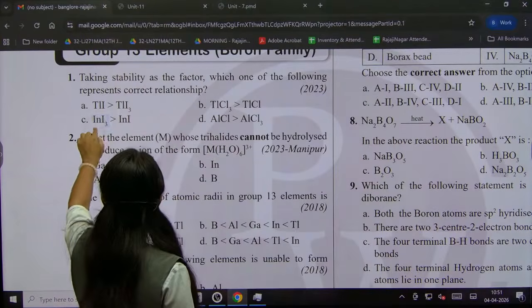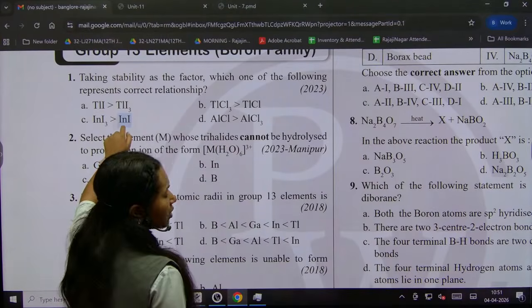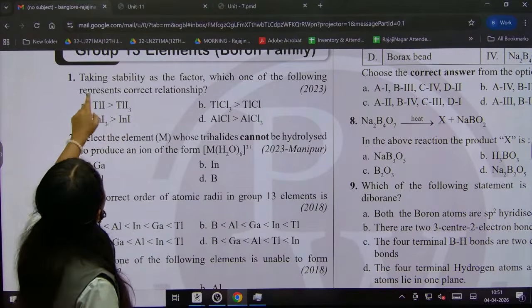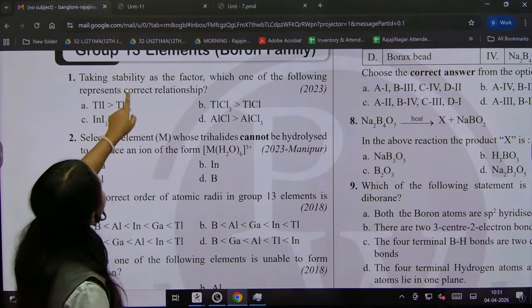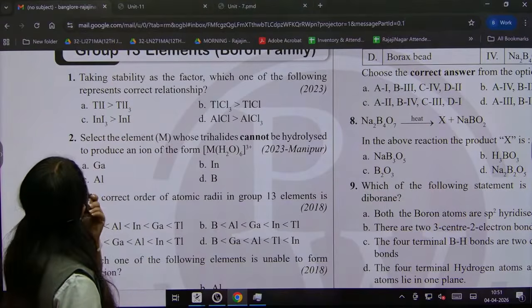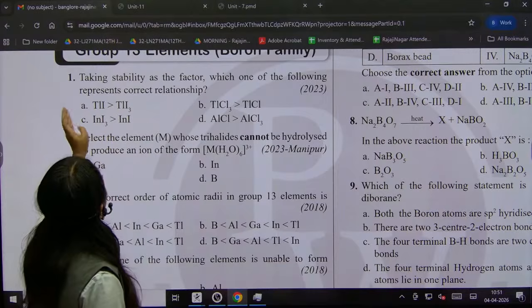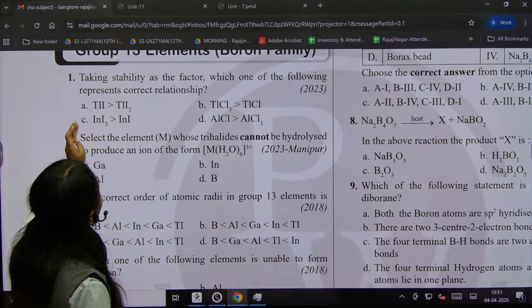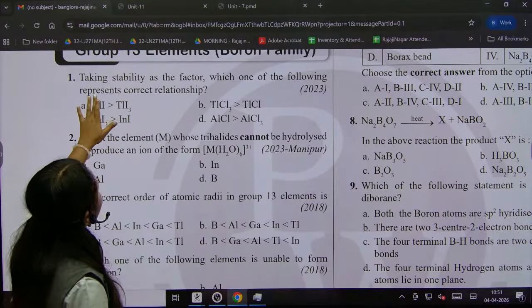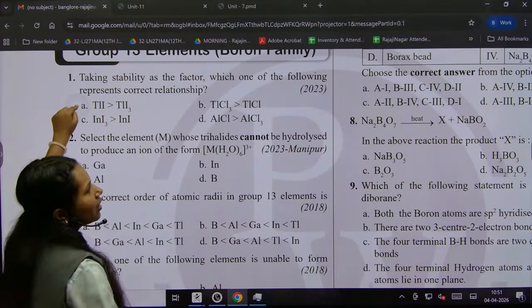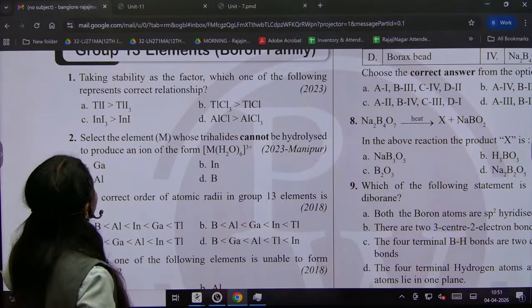Indium +3 over +1. So definitely the first one is the correct answer, for boron, aluminium, gallium, indium, thallium. For thallium, +1 is more stable than +3. So the correct answer is option 1. They asked this question in 2023.